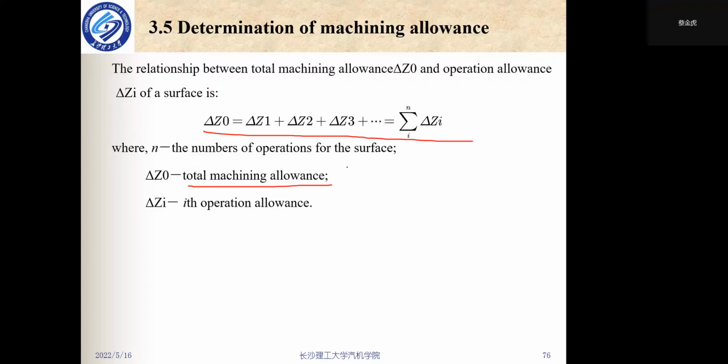This equation can be derived from the definition of total machining allowance and operation allowance. The total machining allowance equals the difference between the blank dimension and the dimension of the part, which means the total material thickness removed from a surface.